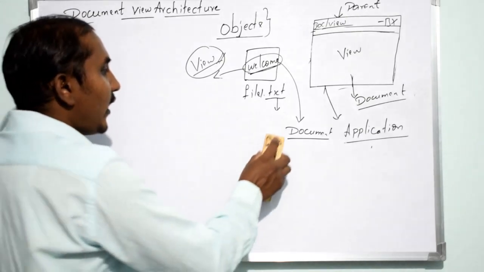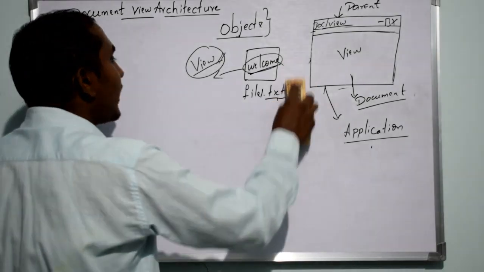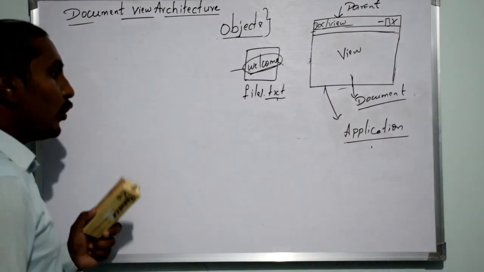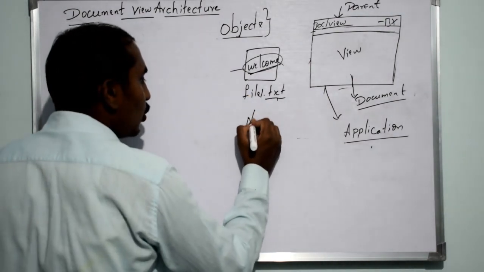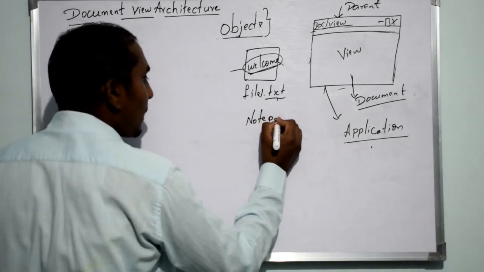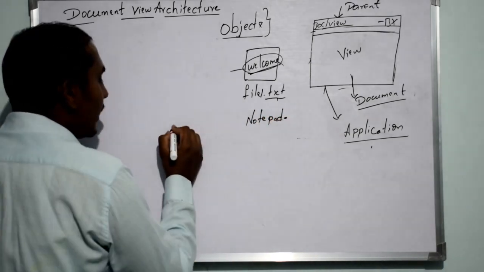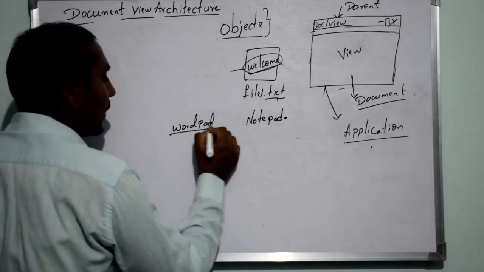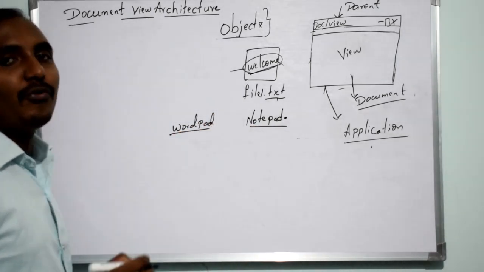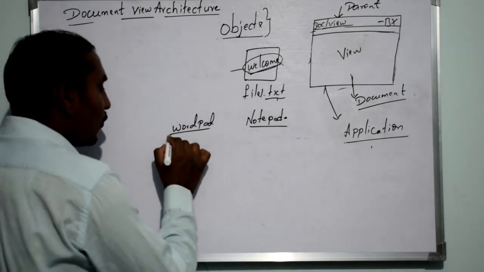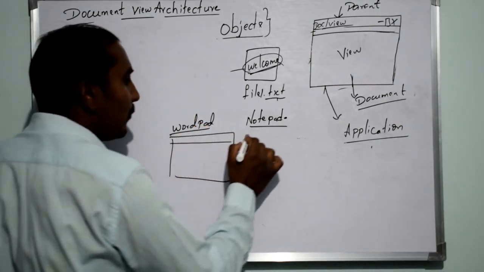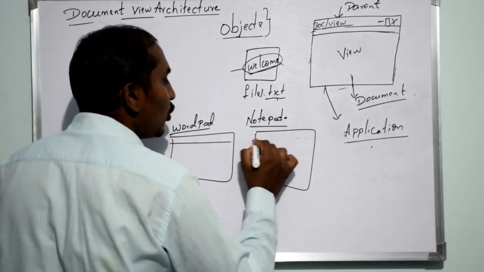Now consider I have the same file1, and two different softwares, one is Notepad and the other is WordPad. So two different types of softwares with the same file. I'll be opening file1 in WordPad as well as Notepad.